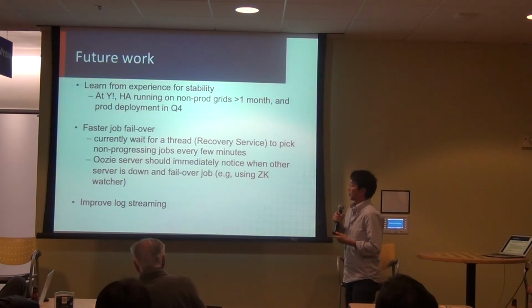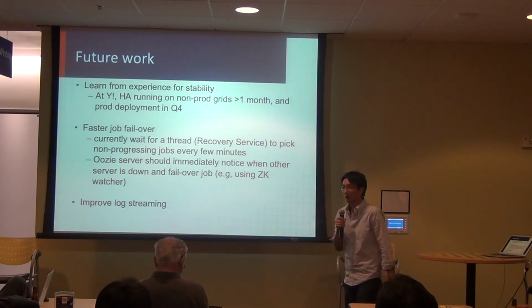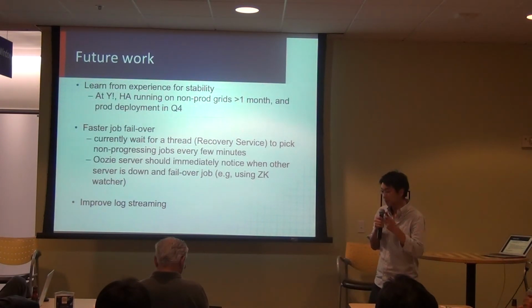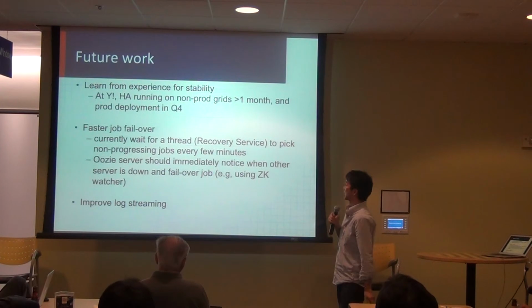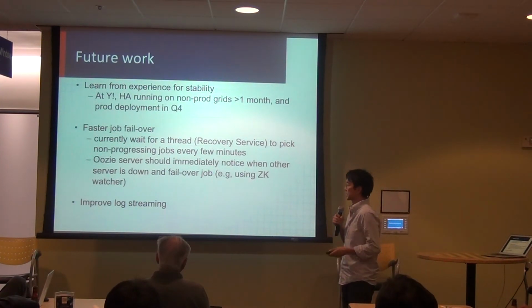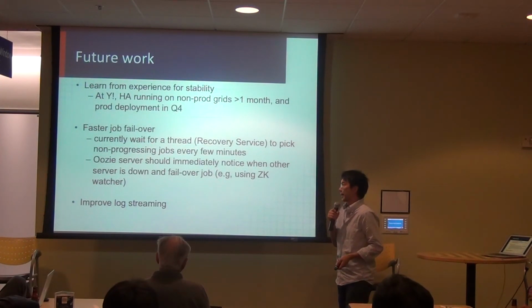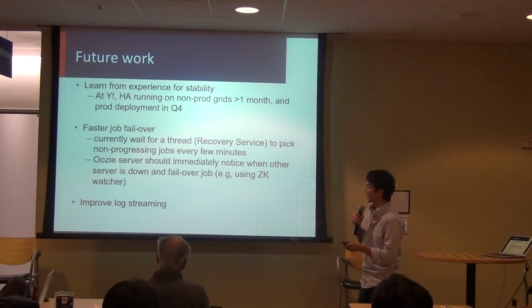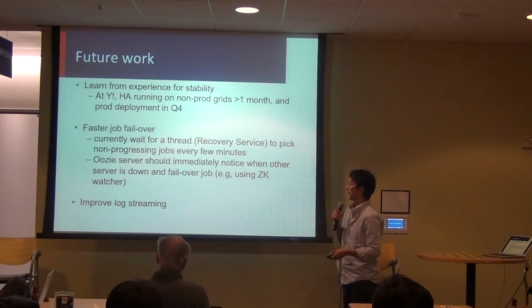The other item is faster job failover. Currently, each Oozie server runs one thread called the recovery service, which picks up non-progressing jobs every few minutes. For job failover, we rely on this service.